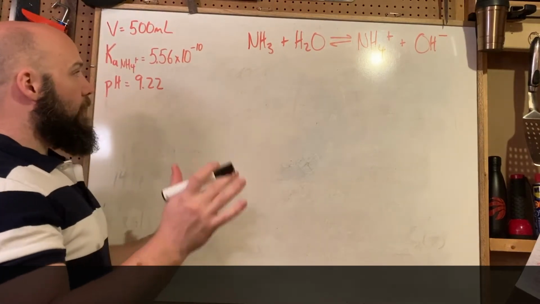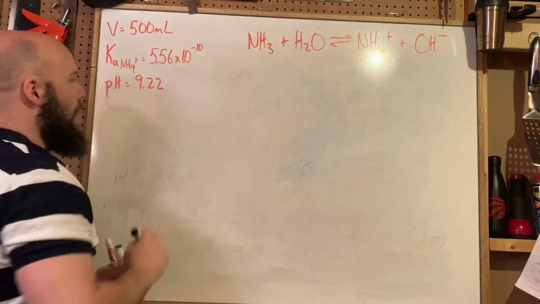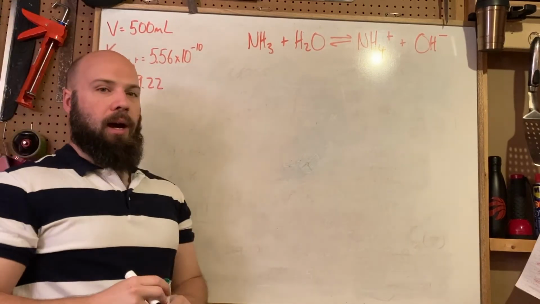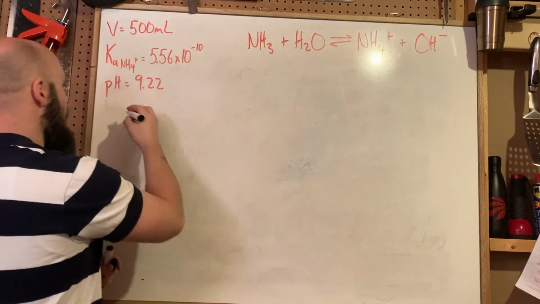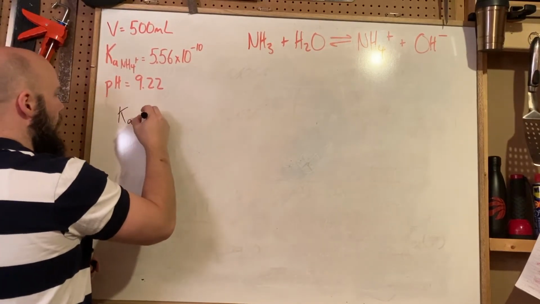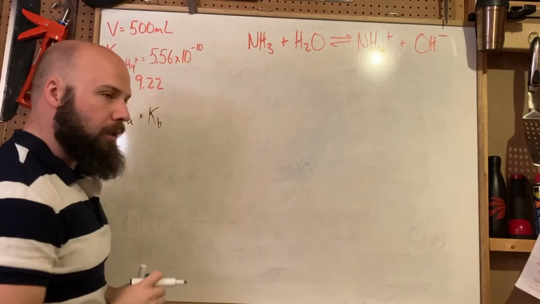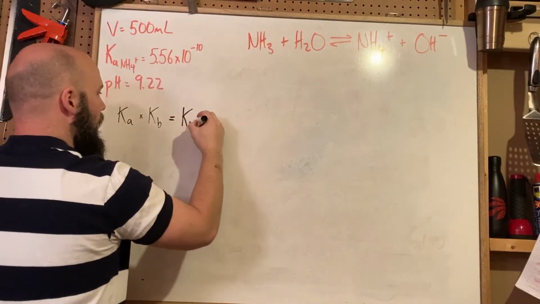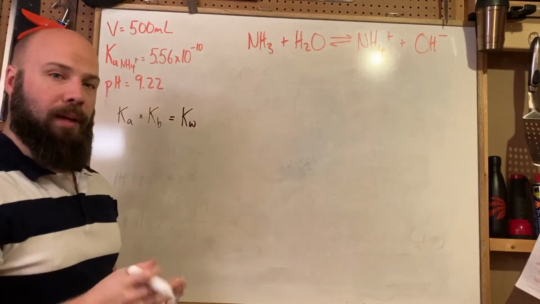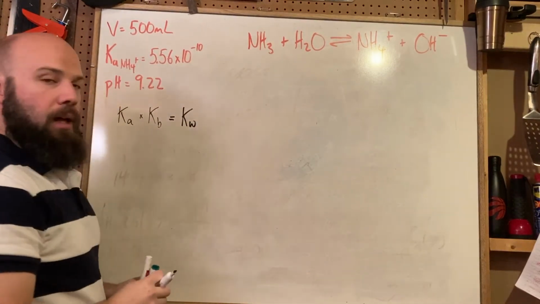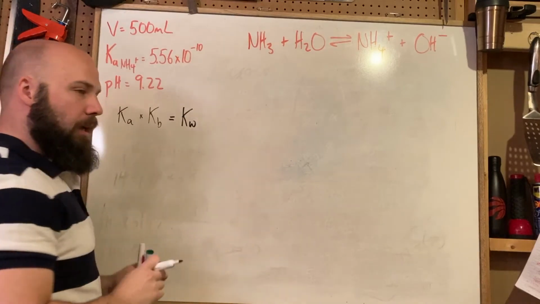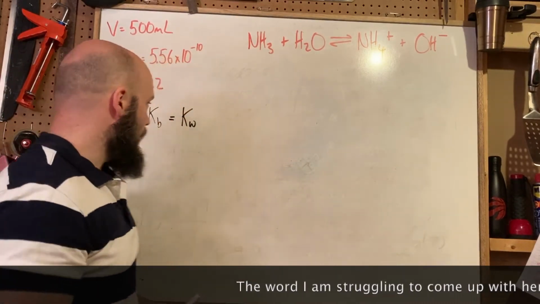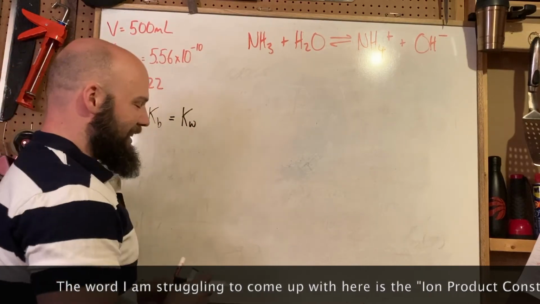So the first thing we need to know, and this may be the first time we discuss it, is the Ka and Kb are two constants that, if multiplied together, when they're the conjugate acid base, Ka, Kb, you're going to get a Kw, which is the water constant.